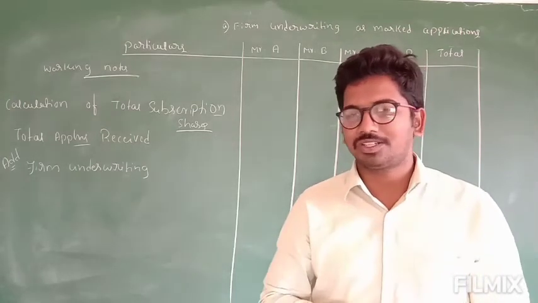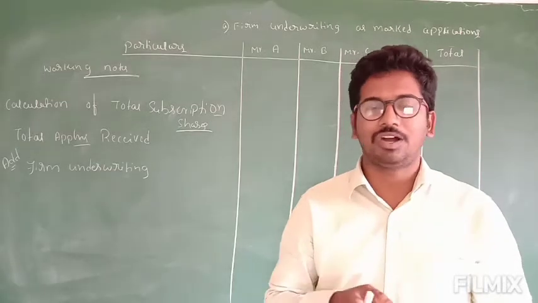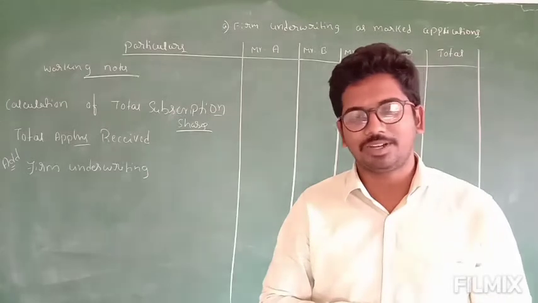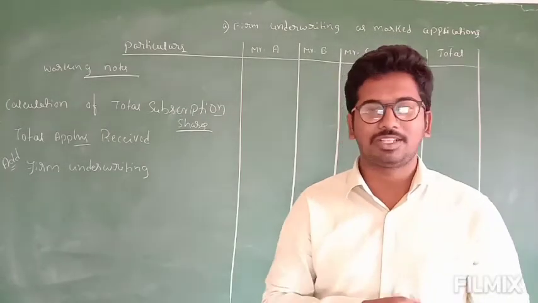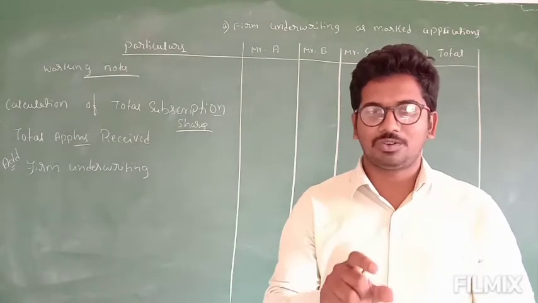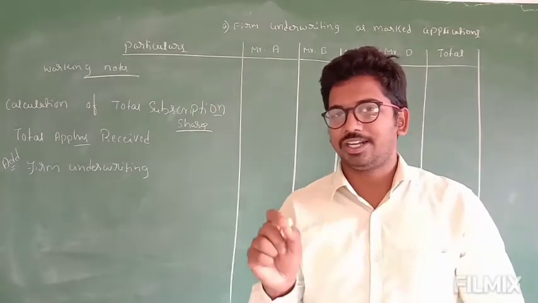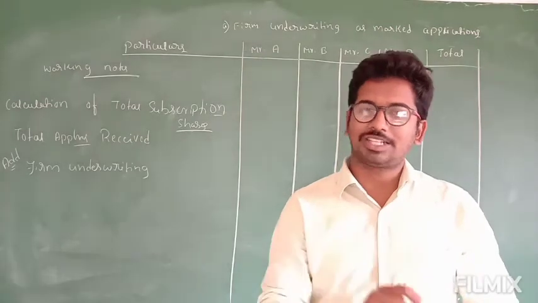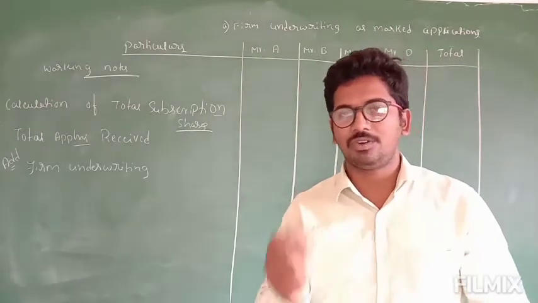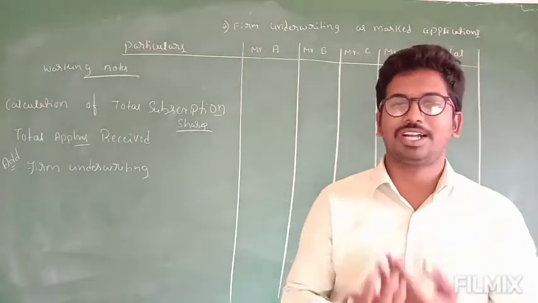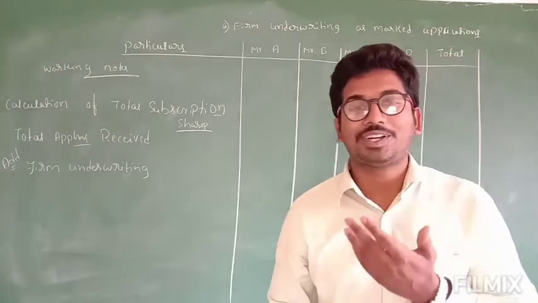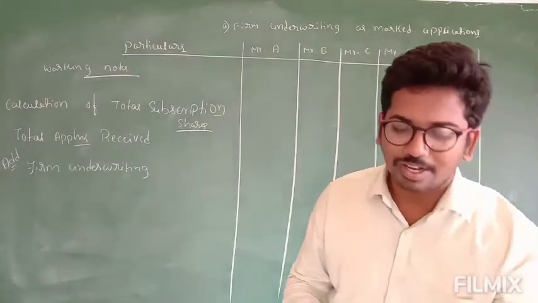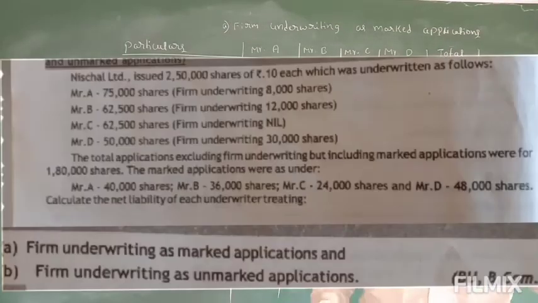Then you treat firm underwriting on par with marked or unmarked applications, depending on the situation. So first, underline whether the question says including or excluding firm underwriting. If including, no problem. If excluding, the first working note is the calculation of total subscription.